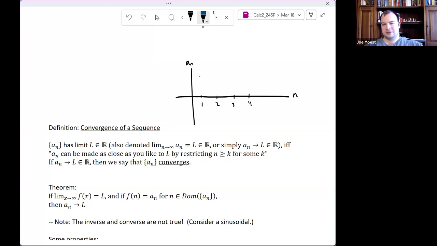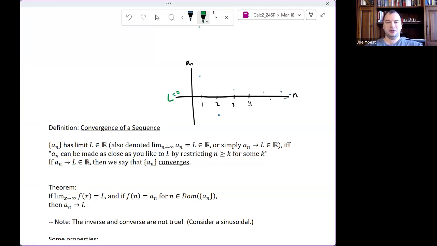So if I have something like this, maybe this is like e to the negative n cosine of n, something like that. Well, I see that if I have a hypothetical limit L, I think it's probably going to be 0.